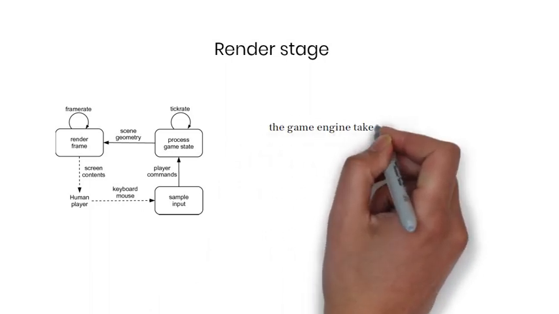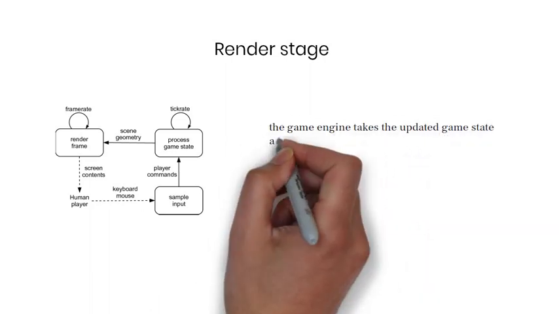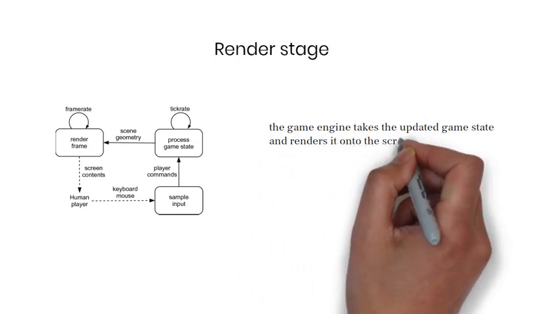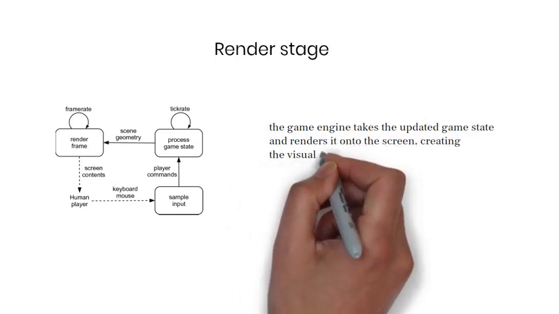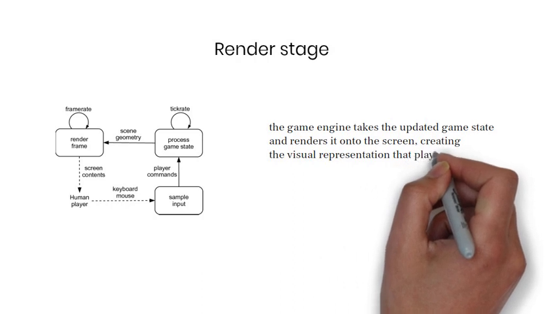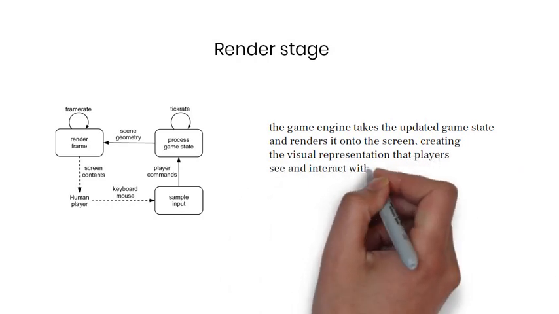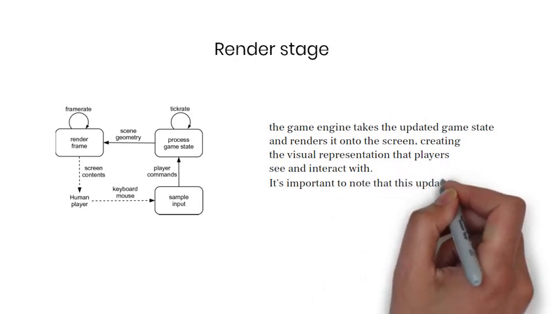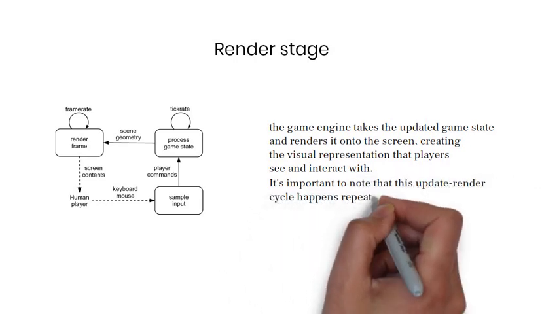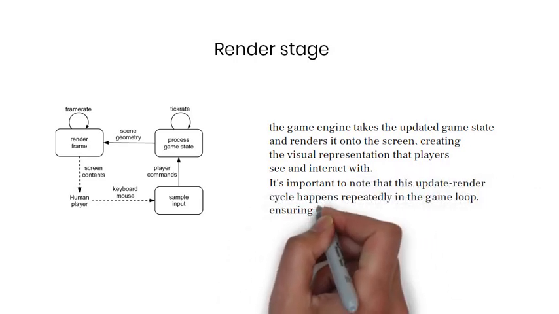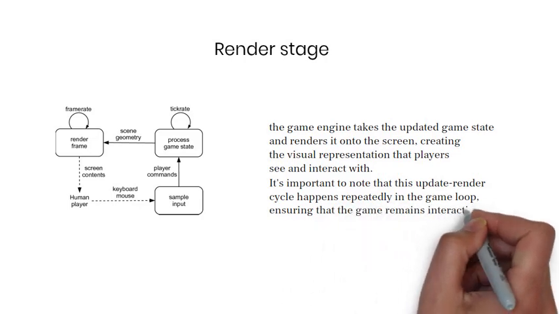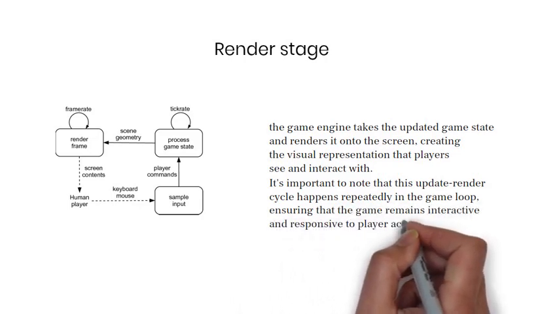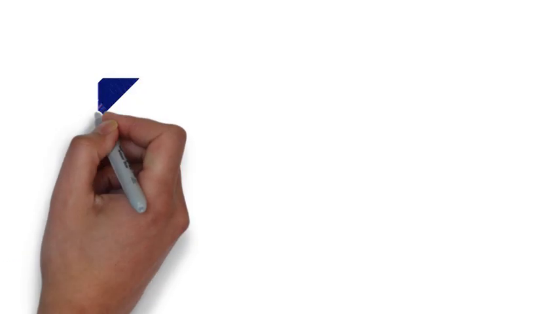In this stage, the game engine takes the updated game state and renders it onto the screen, creating the visual representation that players see and interact with. It's important to note that this update-render cycle happens rapidly in the game loop, ensuring that the game remains interactive and responsive to player actions.